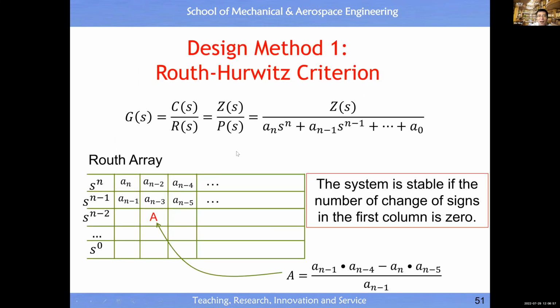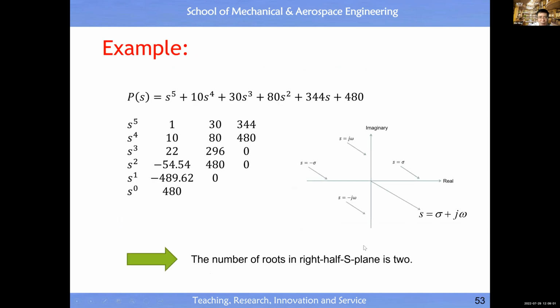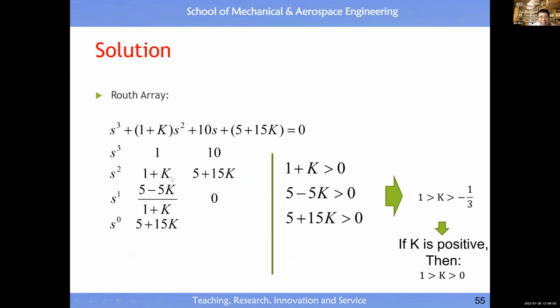This is the formula of the Routh-Hurwitz criteria to determine the remaining elements. For this system to be stable, that means all the values inside the first column must be positive, because the first one is positive, then the rest must be positive, right? Then you have 1 plus K positive, this one positive, this one positive.